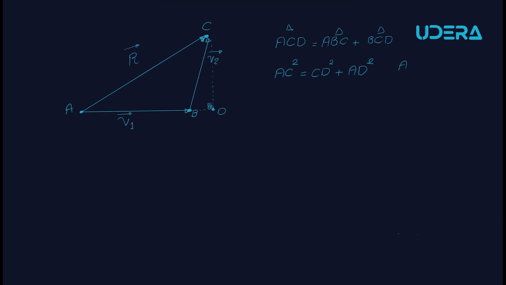AD is a side that can be divided into portions of AB and BD. So I substitute AB plus BD for AD in the initial expression. That will be AC power 2 is equal to CD power 2 plus (AB plus BD) inside bracket power 2.